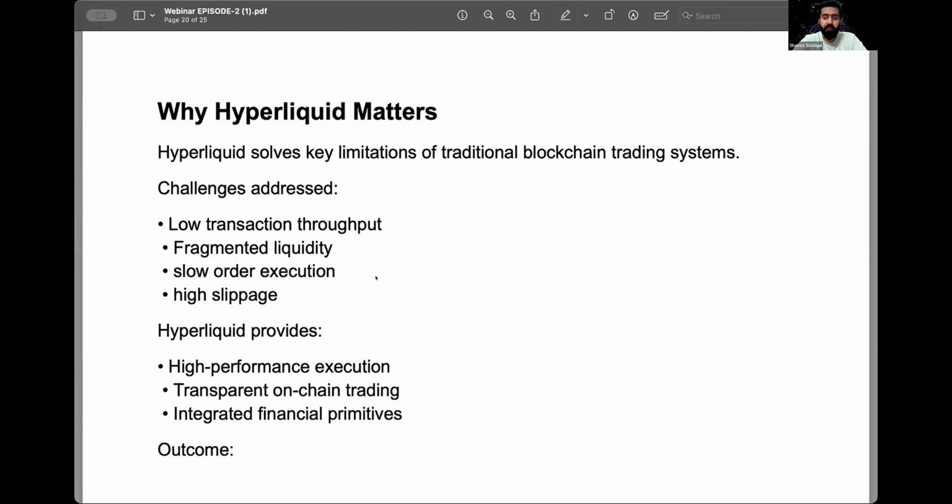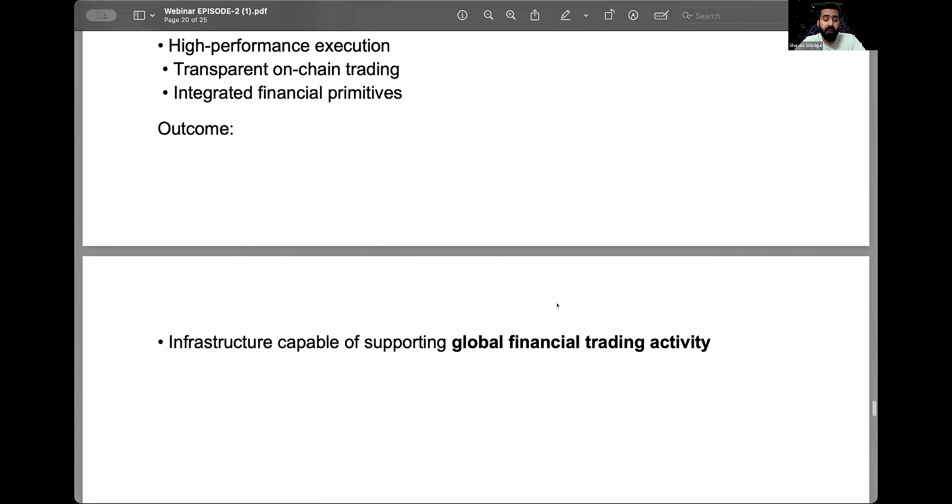So Hyperliquid overall provides high performance execution, transparent on-chain trading with on-chain order books, and integrated financial primitives structured on Hyperliquid, which gives a safe place to developers to code on and to deploy their apps.